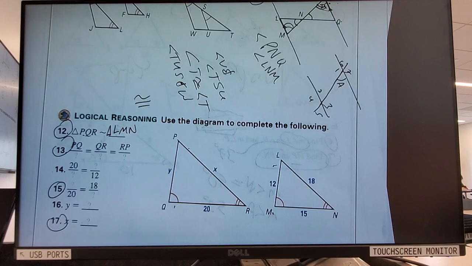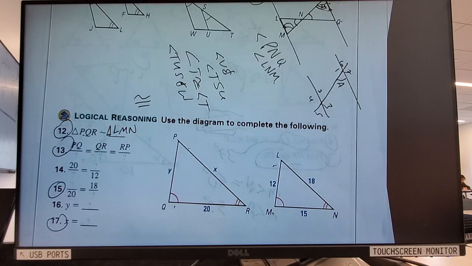And then, did you guys do number 13? I can't remember if I gave you enough time to finish this. Since I know those are similar, what's really funny is, if you set up your similarity statement correctly, if I look at triangle LMN, what two letters are in the same place as PQ? LM.